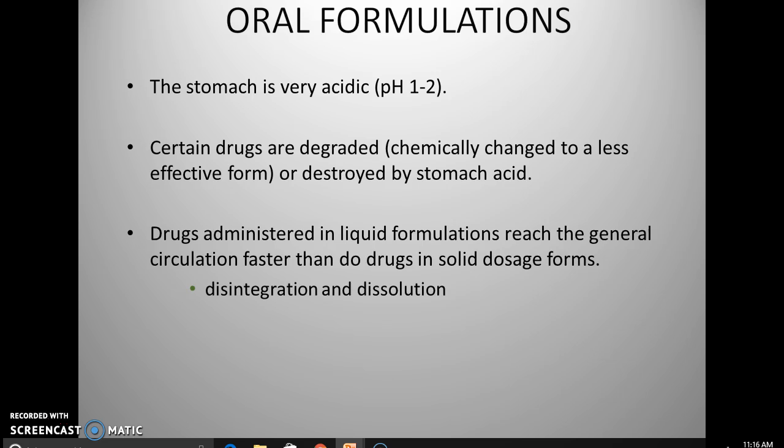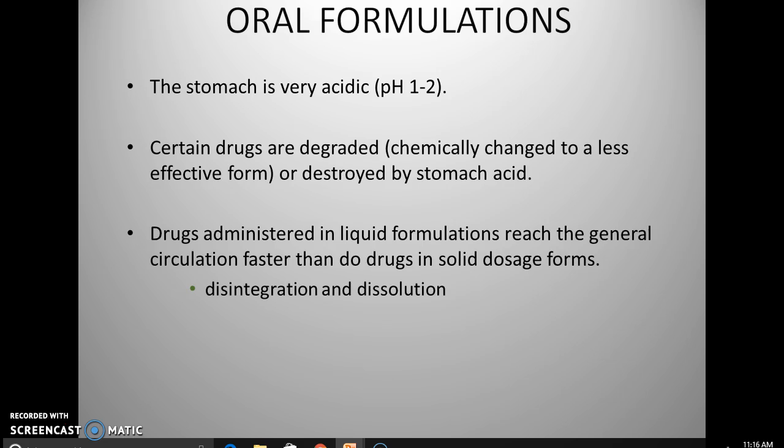Also note that drug administration in liquid formulation reaches the general circulation faster than drugs in solid dosage form. Why? It's because you must have disintegration of the solid form in comparison to the liquid form, which is not necessary. And when we talk about disintegration, it's the breakdown of the solid into smaller parts.